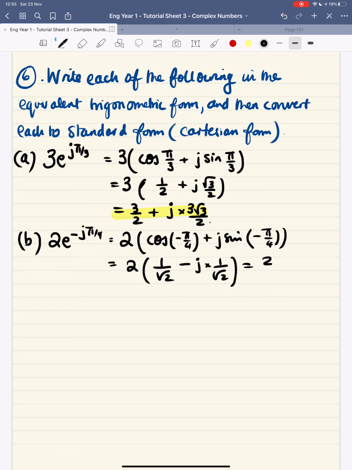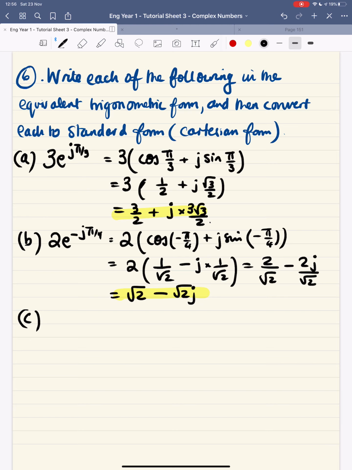So this is going to be 2 over root 2 minus 2j over root 2. Actually, 2 over root 2 is root 2, so root 2 minus root 2j. Do all that on your calculator.